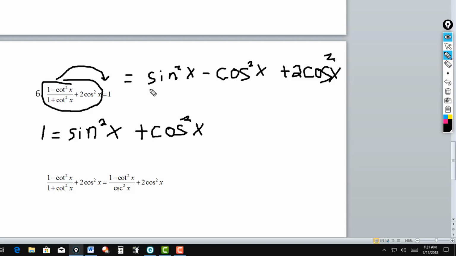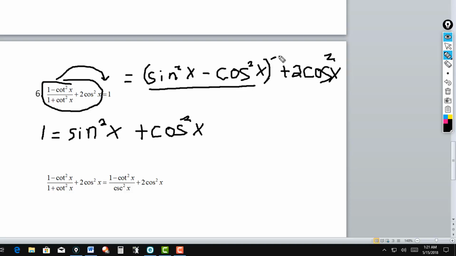Now I'm going to divide. Again, this would be another step here, but I'm just going to do it here to save some time.